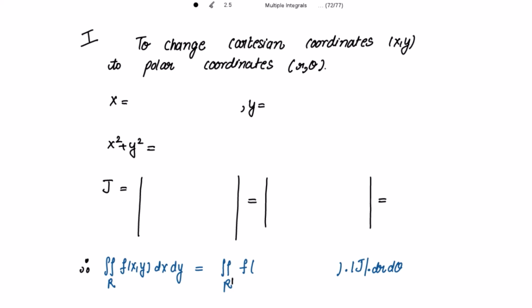So first I am going to explain changing the Cartesian coordinates x, y to polar coordinates r, theta, where r is the radius and theta is the angle. So for polar coordinates, we write x as r cos theta and y as r sin theta.